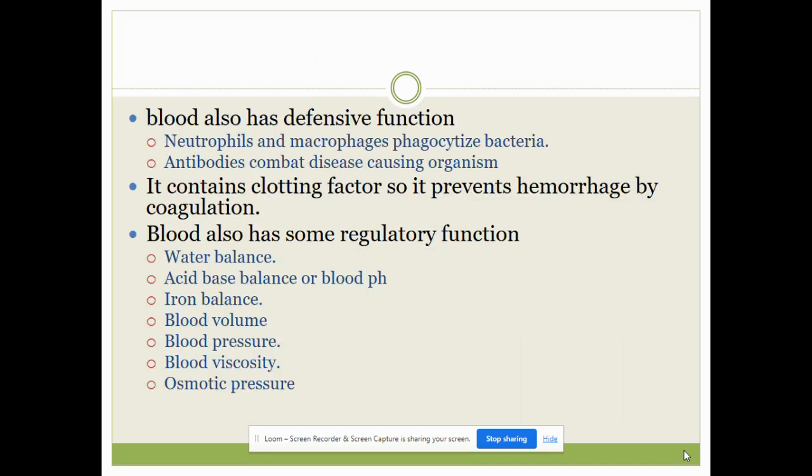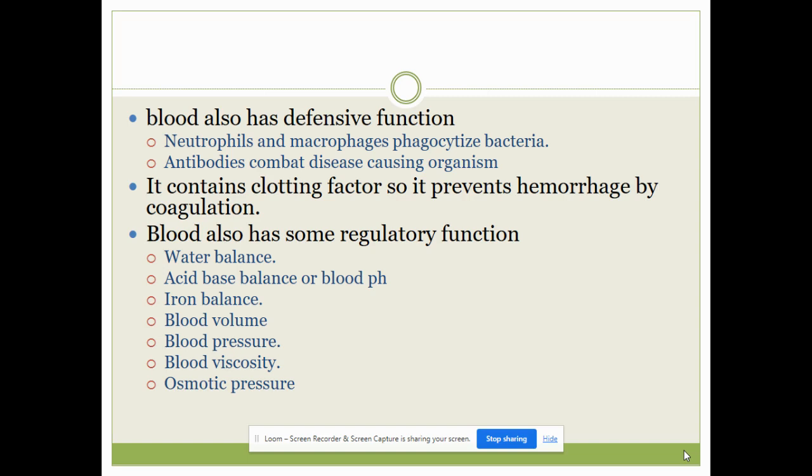Blood also has a defensive function. As we all know, neutrophils and macrophages, which are formed elements, are present in the blood. They eat up, engulf, and destroy harmful bacteria. Antibodies are also present in the blood, so they kill different harmful organisms and cure diseases.